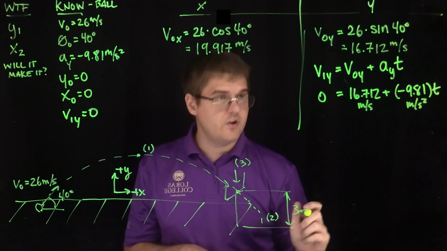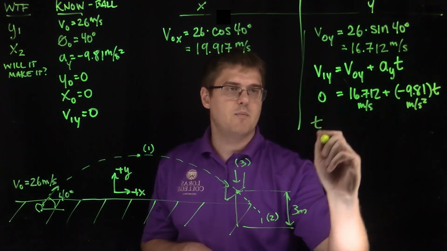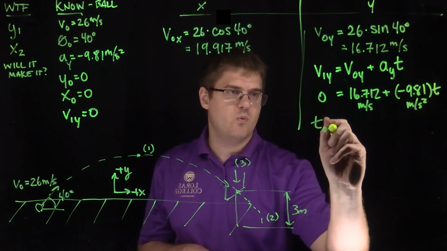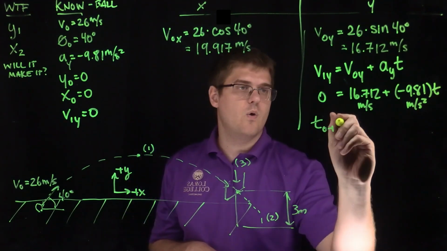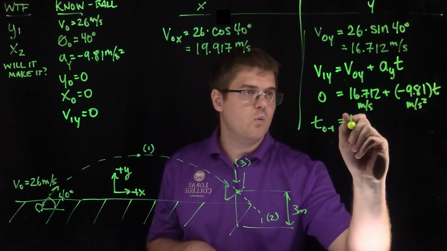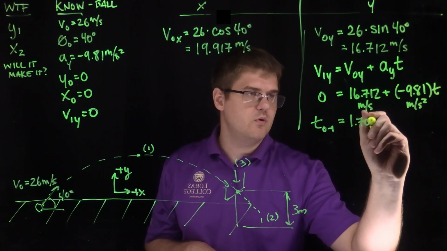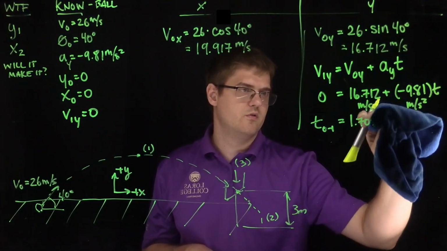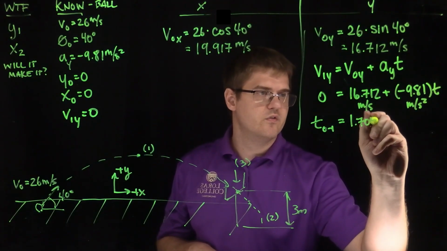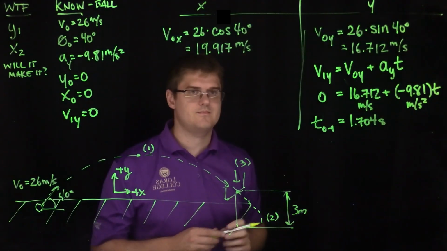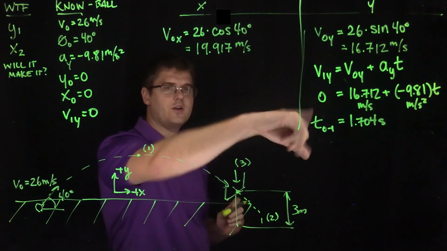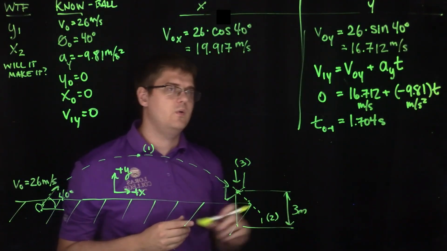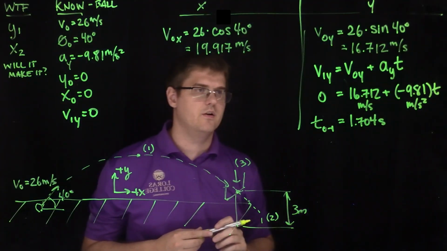Time comes out to be in seconds. And I will figure out from this that my time from 0 to 1 is going to be 1.704 seconds. And there is actually a reason I'm doing this here, because we will want this time later.